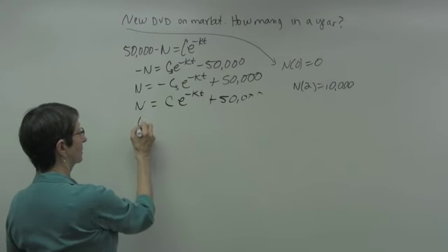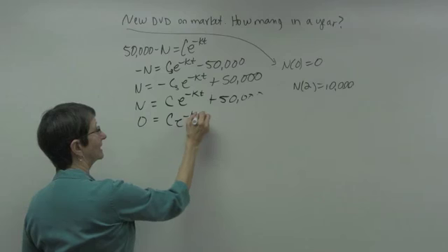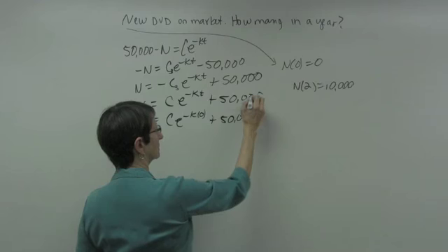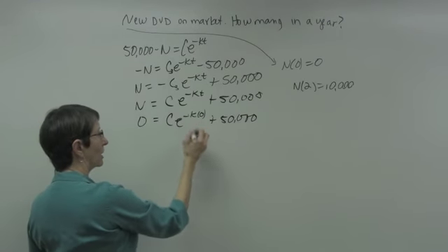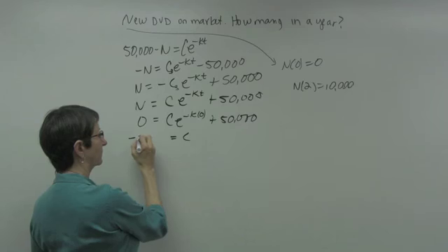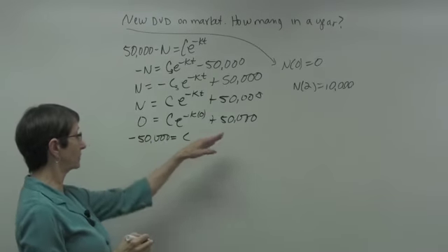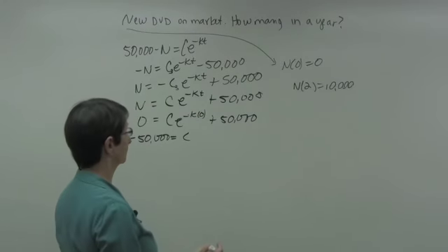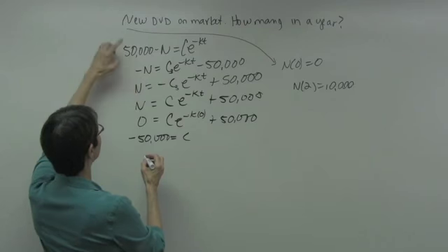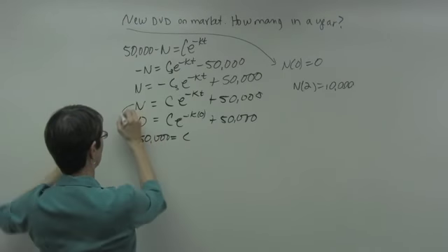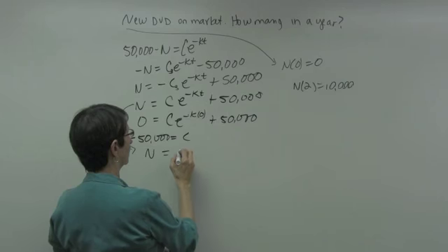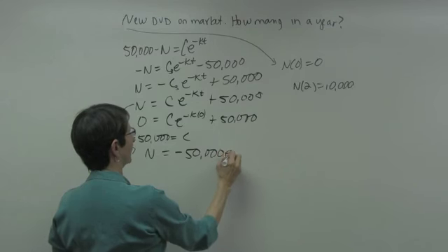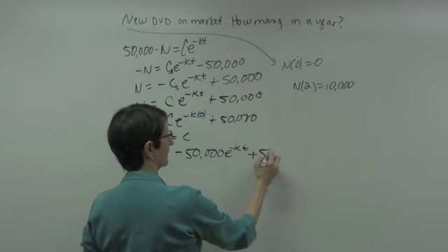So N is 0 when t is 0: 0 equals c e to the 0 plus 50,000. e to the 0 is 1, so c is negative 50,000. I have to subtract over here. That's my c. So my actual solution here for this part is N equals negative 50,000 e to the negative kt plus 50,000.